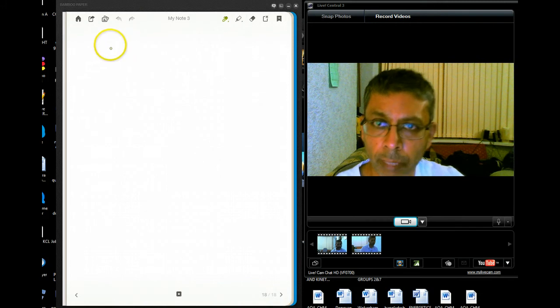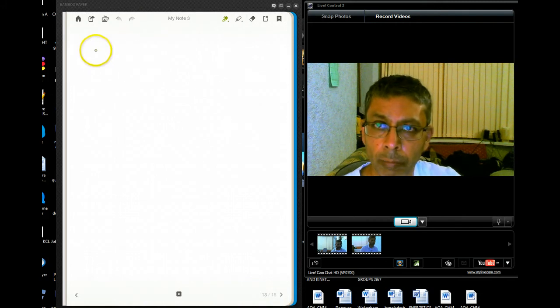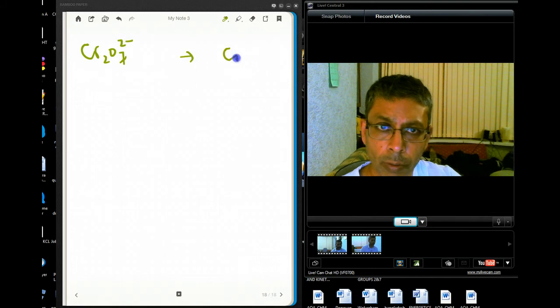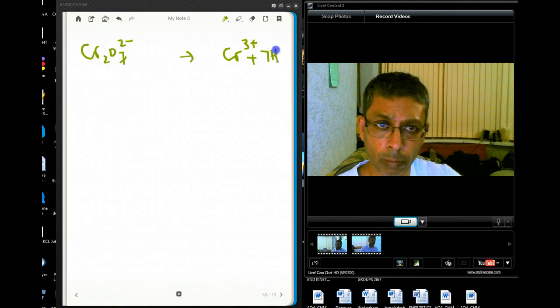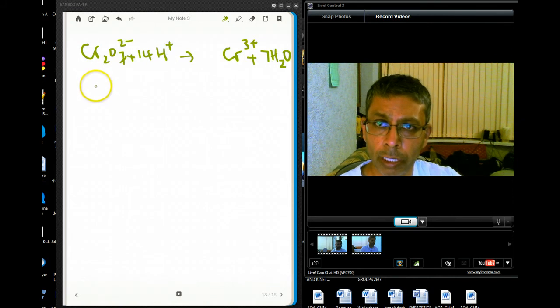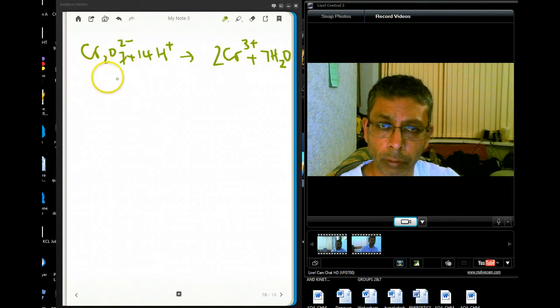Right, if you've done them, let's just check what you've done. So Cr2O72 minus goes to chromium 3 plus. To balance that, 7 oxygens, so I need 7 waters. There we are. That makes 14 H pluses, so I need to add 14 H pluses. Total charge here is 12 plus. Total charge here, oh, hold on. 2 chromiums, yes, 2 chromiums.